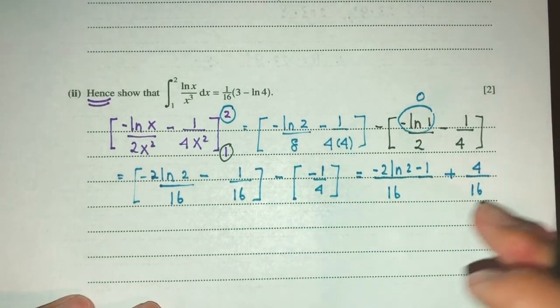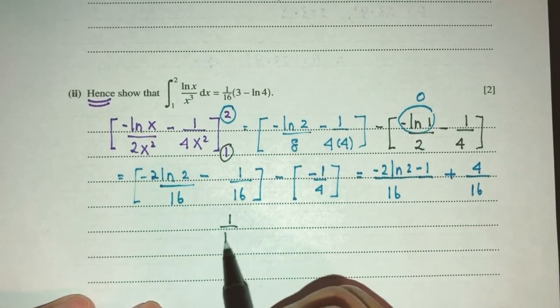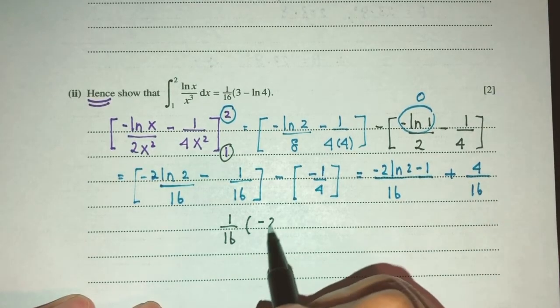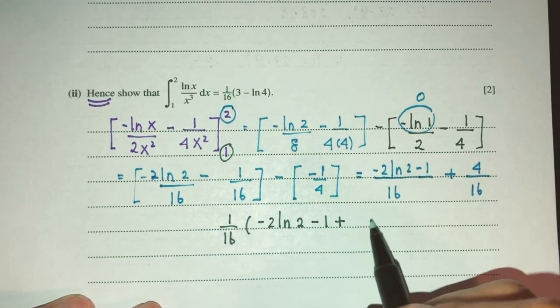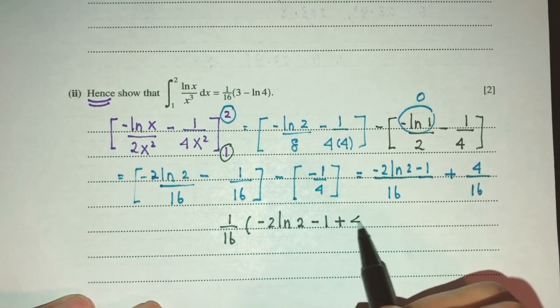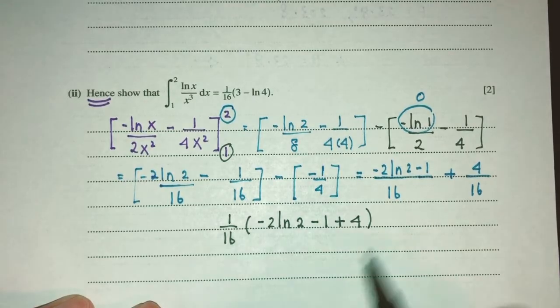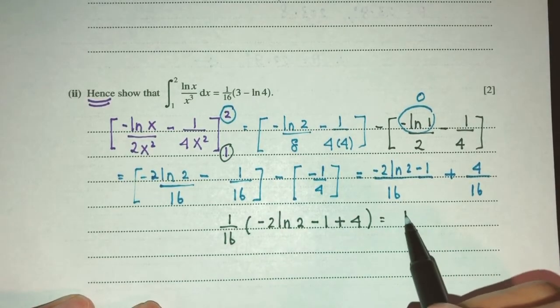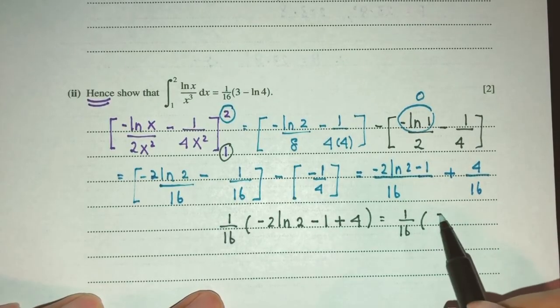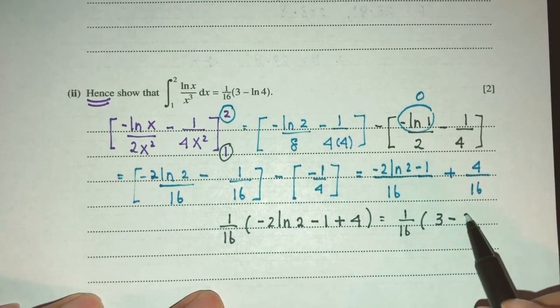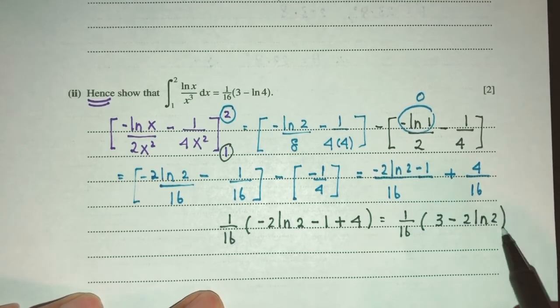What happens if you take out the 16? So take out 1 over 16 outside. You will have minus 2 ln of 2 minus 1 plus 4. So that will give you 1 over 16, and that will be 3 minus 2 ln of 2.